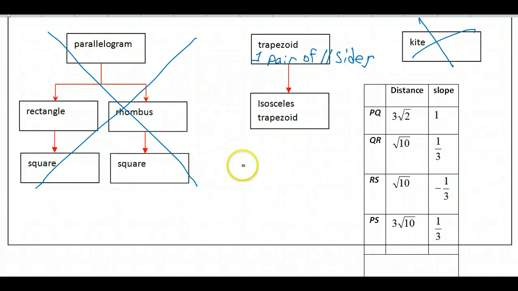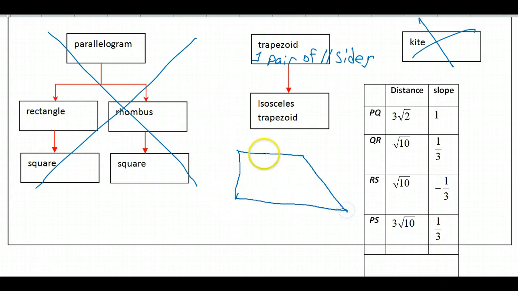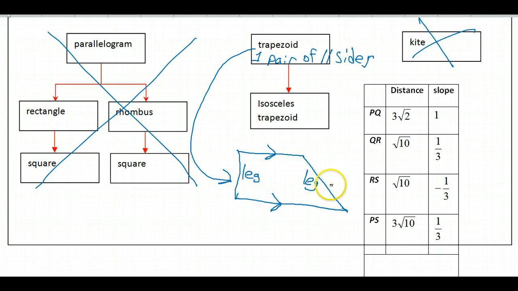Alright, remember that in a regular trapezoid, which is something like maybe like this, so here are my one pair of parallel sides. But notice the legs, like this is a leg and this is a leg over here. In a regular trapezoid, the legs do not have to be the same.